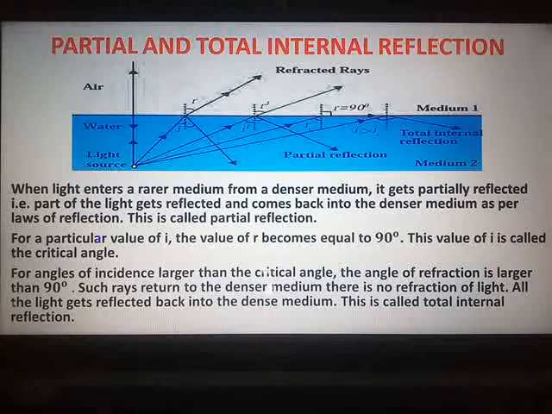The first thing is, when the light rays enter the denser medium from the rarer medium, what happens? Partial reflection is seen. When this light is going from the denser to a rarer medium, what happens? It bends away from the normal. So the angle of incidence I here is smaller than the angle of refraction. If you increase this value of I, the value of R will also increase, because according to Snell's law, refractive index is constant.